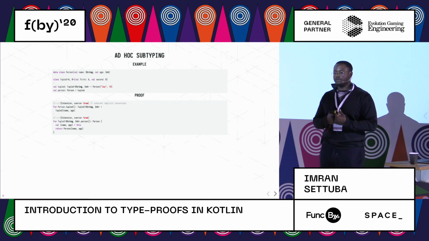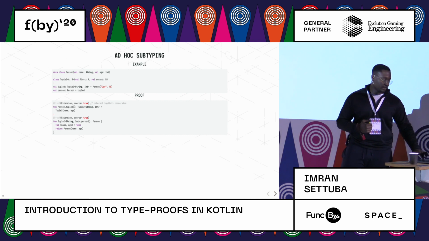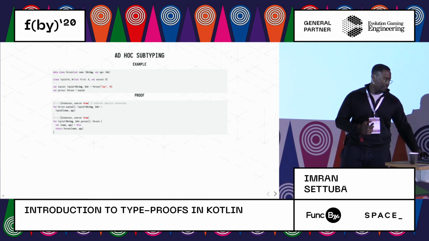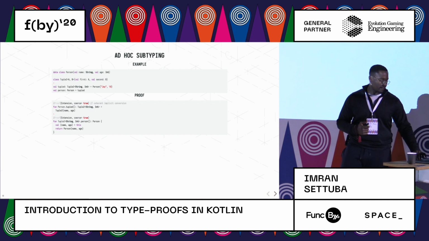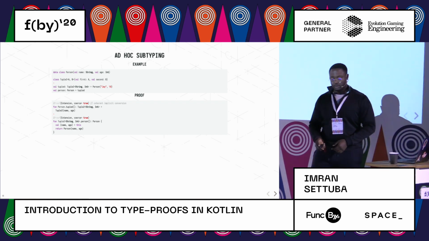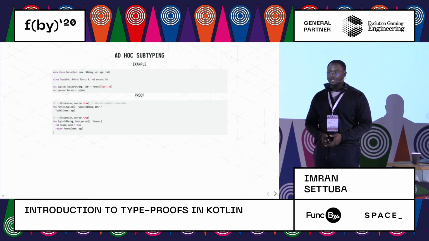That allows us to have coherence over the Kotlin ecosystem, similar to what you see in Haskell. If there are any questions, you can always raise your hand and ask.